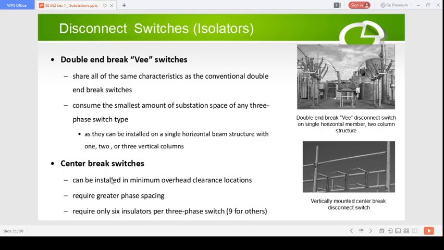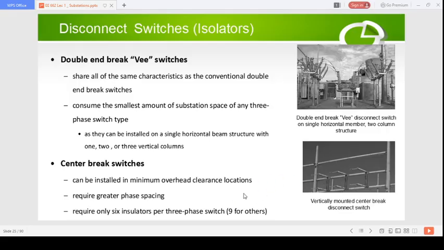Here you need 9, so for each phase you need 3 insulators, and for 3 phases you need 9. But in here you need only 2 insulators per phase, because it's opening from the center.